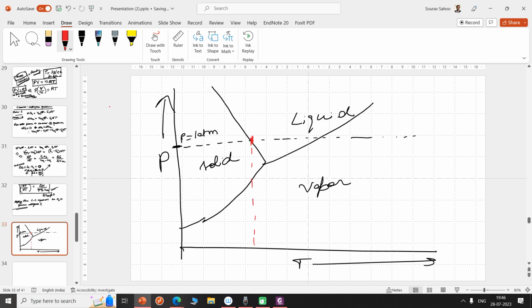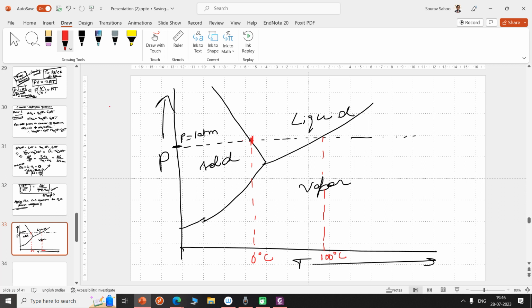So this is 0 here, and liquid will turn to vapor at 100 degree centigrade, the boiling point.